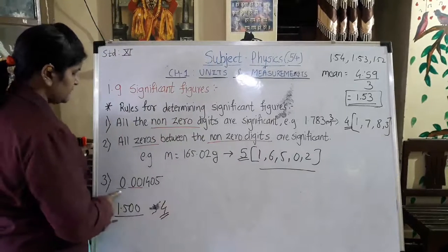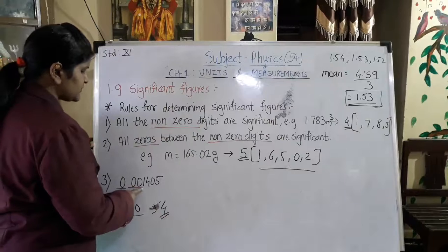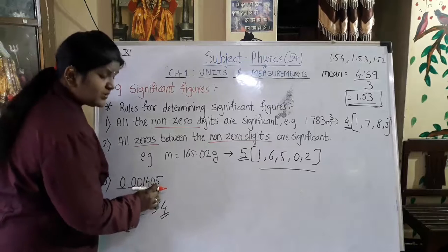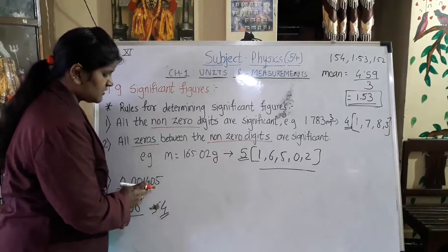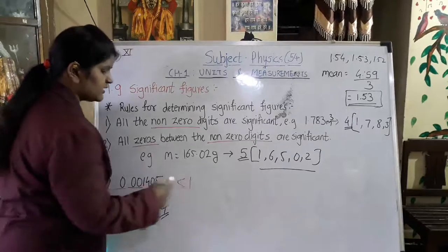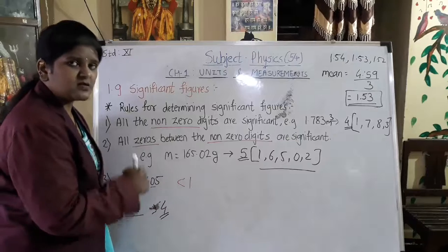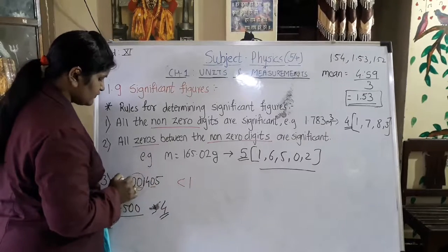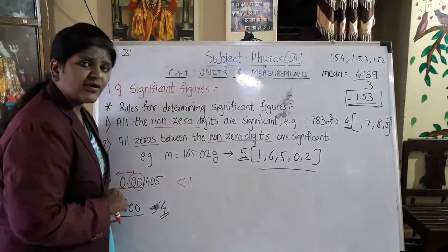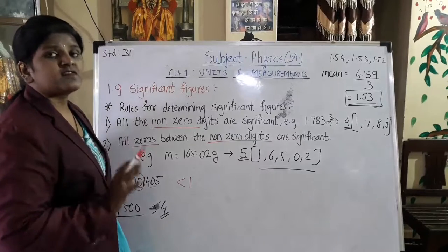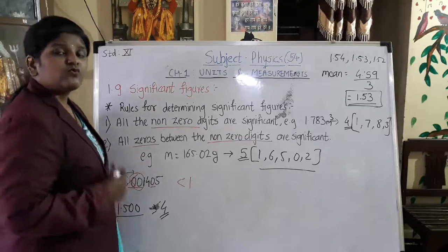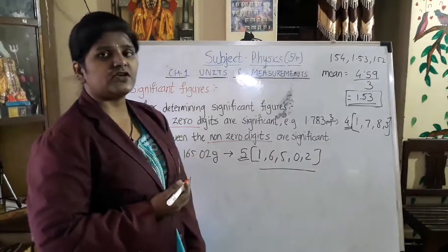If I consider the number 0.001405, see over here, 0 is between two non-zero numbers, so that comes under significant figures, right? But as this number is less than 1, yes, it is less than 1, the zeros next to the decimal point and before it will not be considered as significant figures. So these are not the significant figures. Now which digits are giving you a certain value?